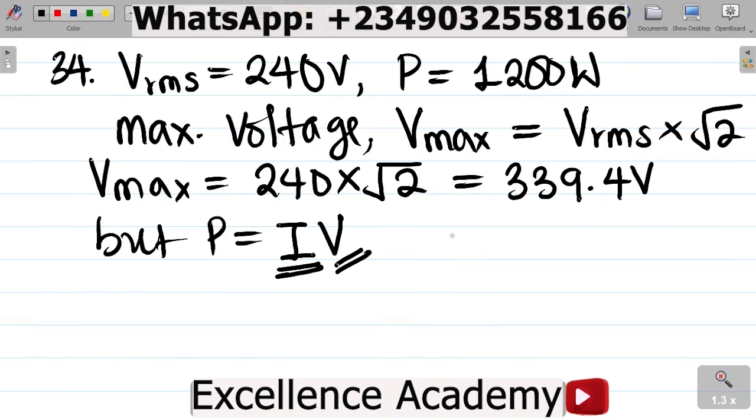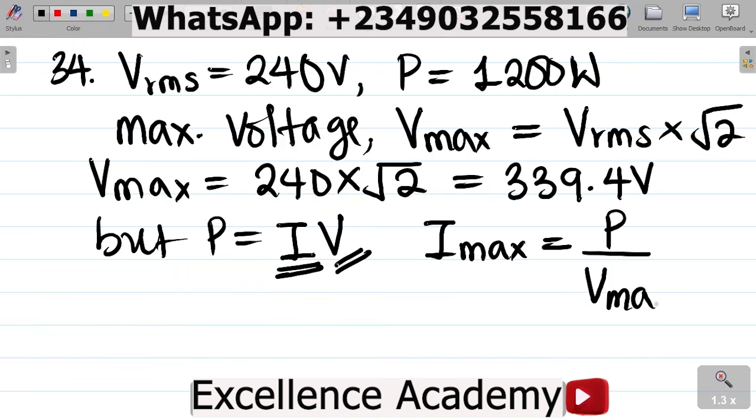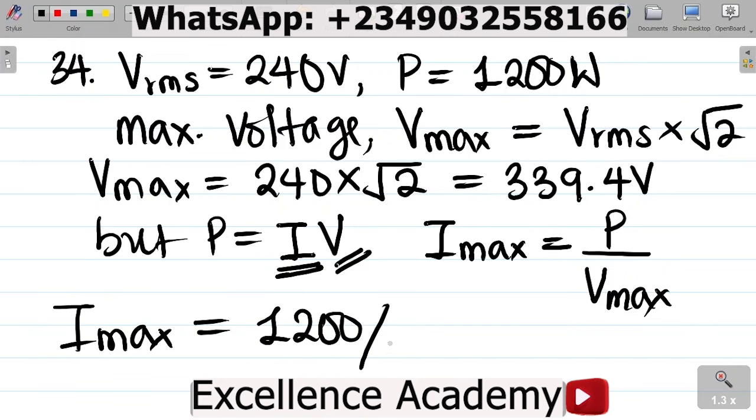So in essence, to get I max, divide here by voltage and divide here by voltage, this cancels this. So I is equal to power all over maximum voltage. Let's put that down. It becomes power all over Vmax. So I max then is equal to 1200 all over Vmax, which is about 339.4.